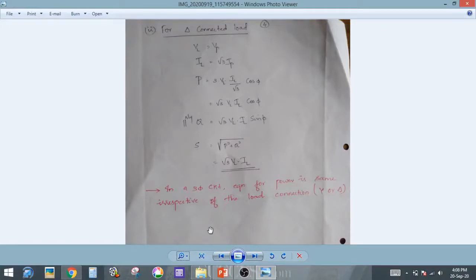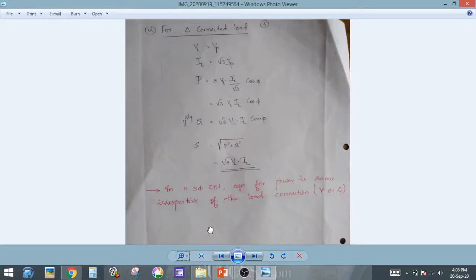We will get 3 into VL IL by root 3 cos phi, because in the delta connection V phase equals VL, I phase equals IL by root 3. We get the expression P equals root 3 VL IL cos phi and Q equals root 3 VL IL sin phi. Here also S equals root 3 VL IL.